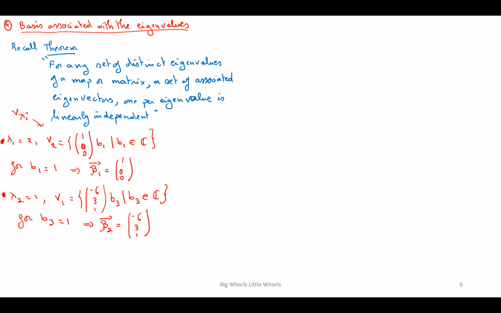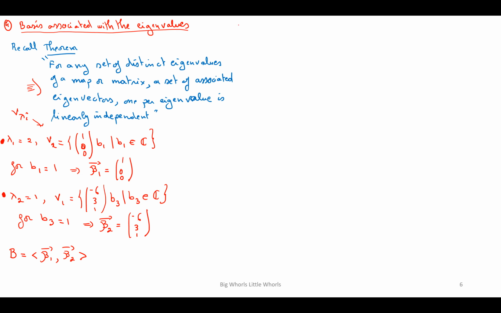So according to this theorem, we have our basis B equal to beta 1, beta 2, because the theorem says they are going to be linearly independent, and if they are linearly independent and they span our space, therefore they form a basis.